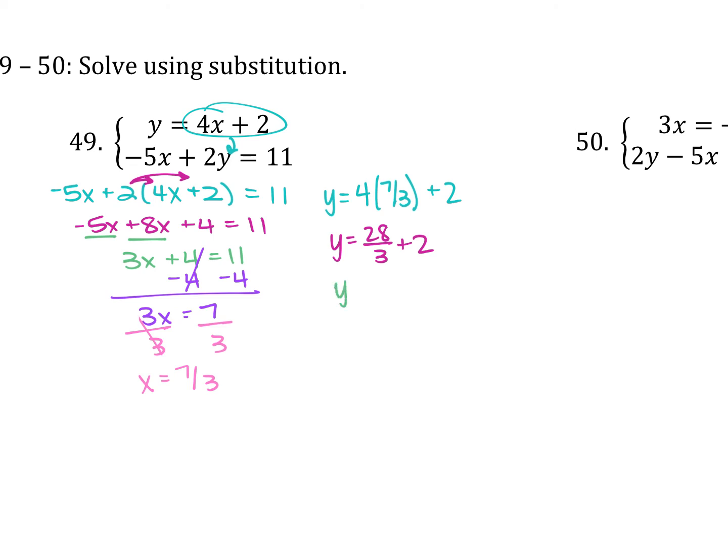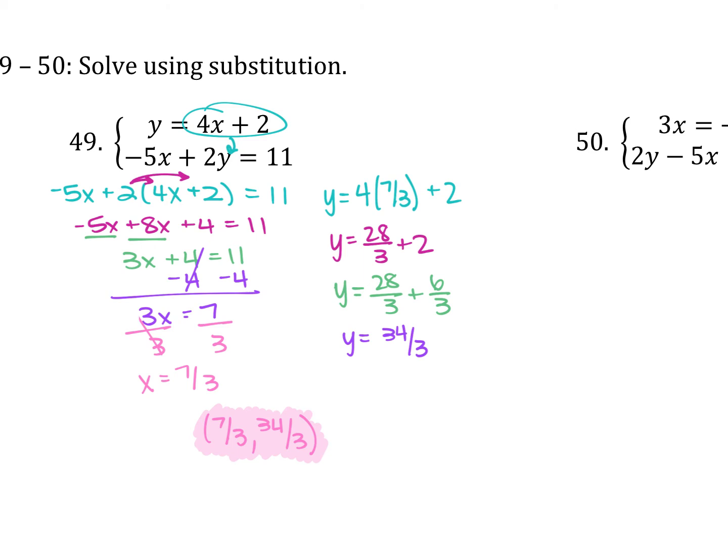So this can be rewritten as y is equal to 28 over 3 plus 6 over 3. So we just add the 2, and we get that y is equal to 34 over 3. Put this as an ordered pair. You have an x of 7/3 and a y of 34/3. So the ordered pair, that's your solution, is 7/3, comma, 34/3.